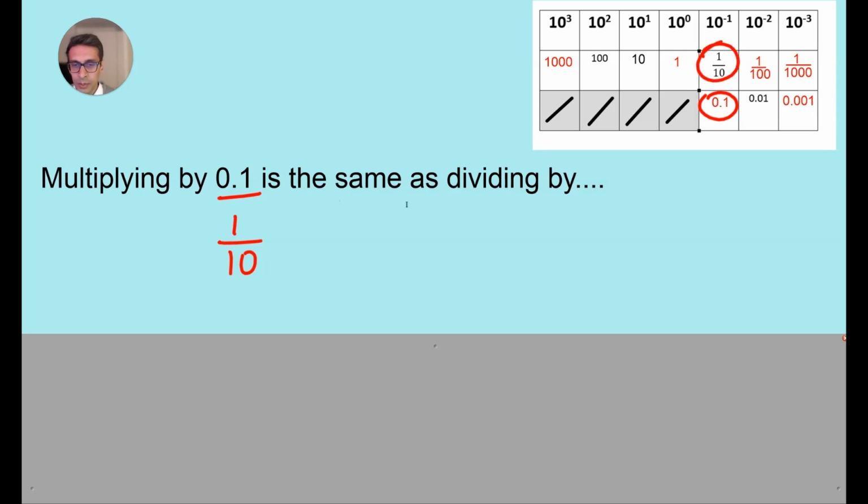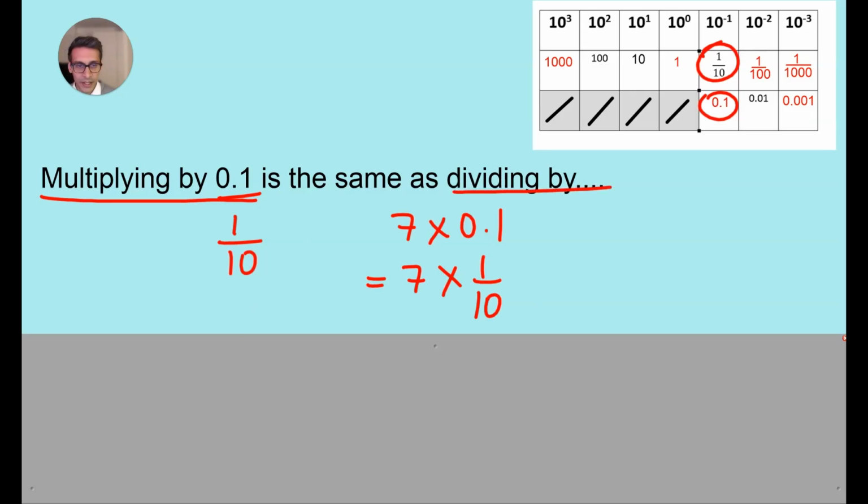So let's do a really simple example. 7 times 0.1 is the same as 7 times 1 over 10. So we're saying multiplying by 0.1 is the same as dividing by, well, we've got a representation here that we're going to change.